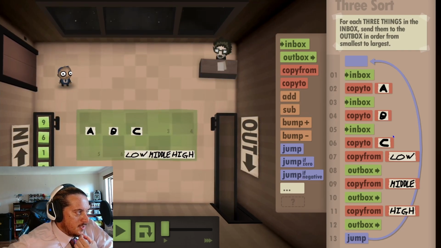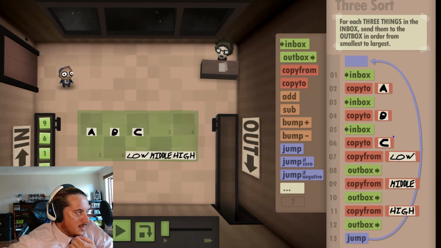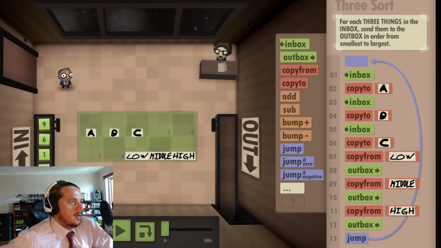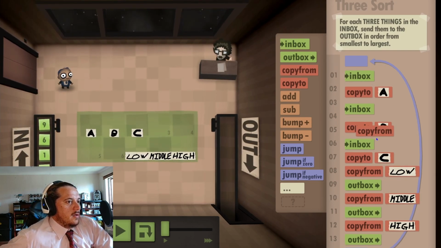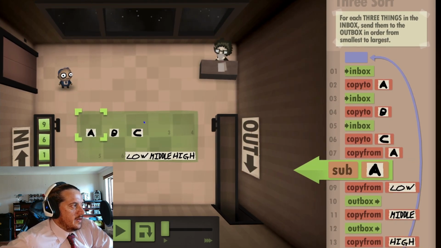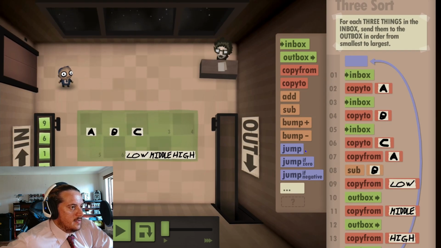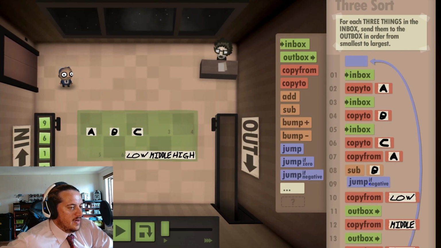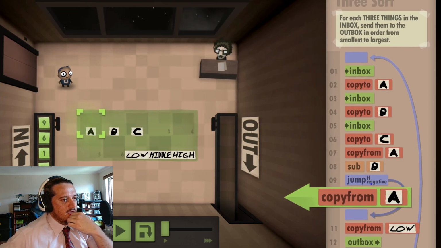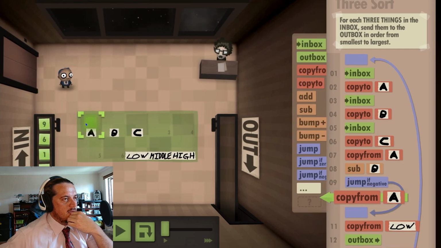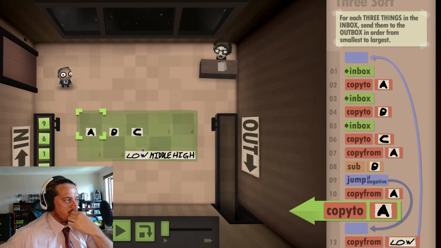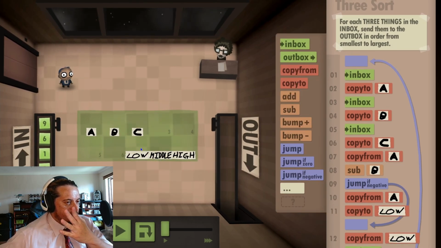So let's do, we take A and minus B. If negative, then A is lower than B, right?